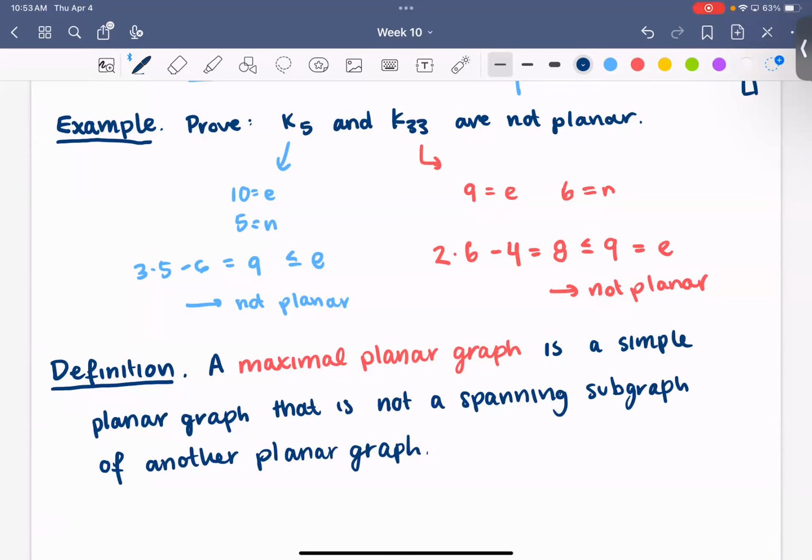So meaning I cannot add any edges to it and have it still be planar. So as soon as you start adding edges, it will no longer be planar.